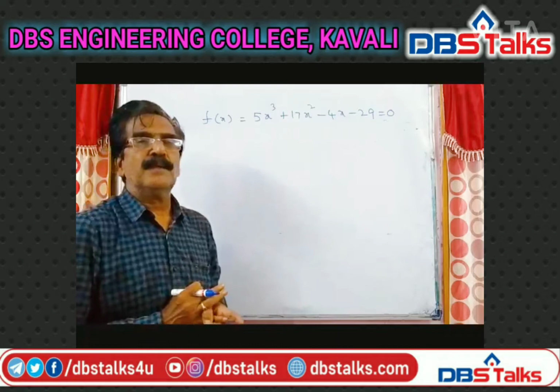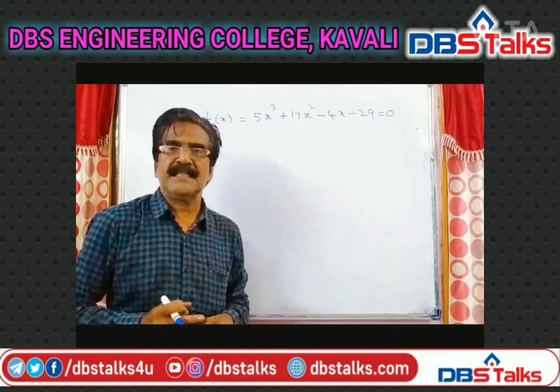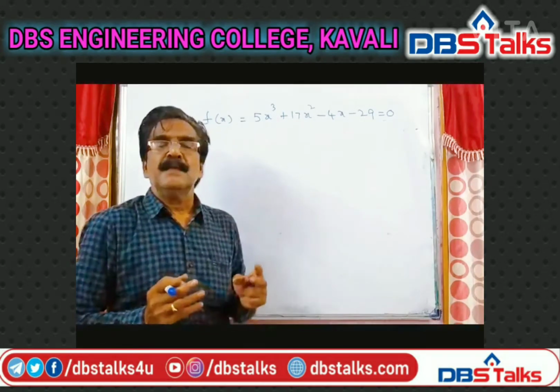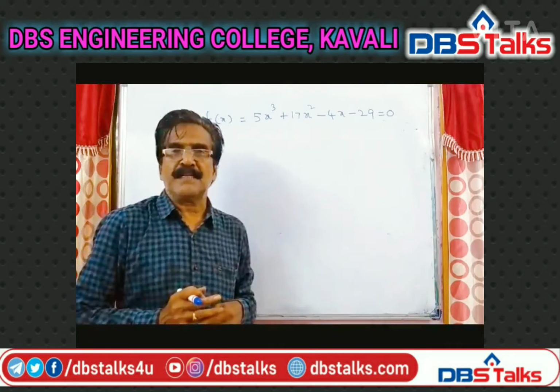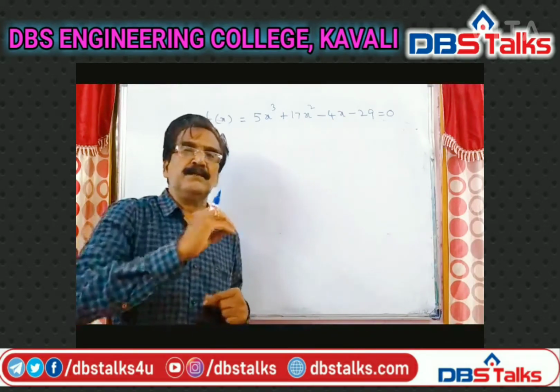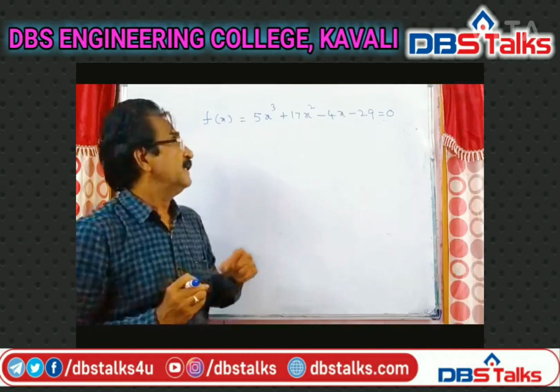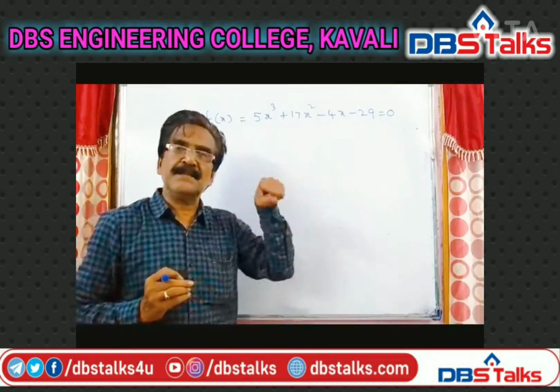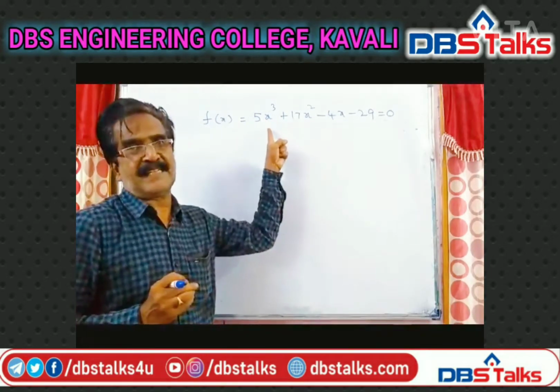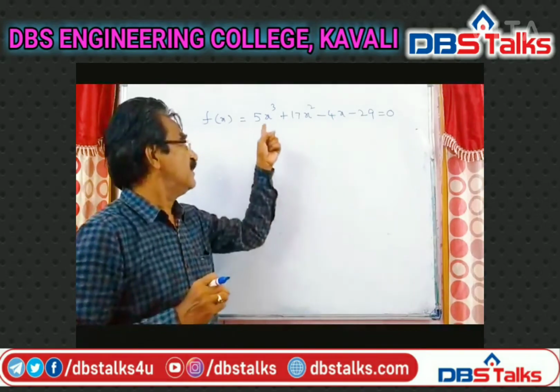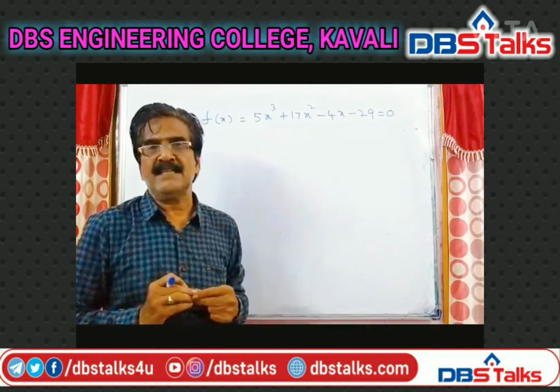So, as we discussed in the previous problem, we have two ways. Roots are increased by 2 means you have to substitute x minus 2 in place of x. That is one way.